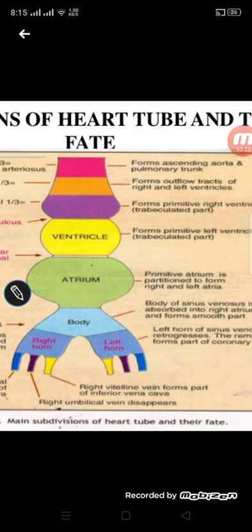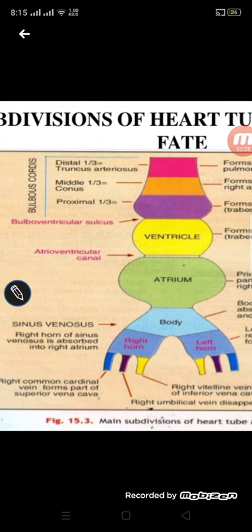Now the atrium and the sinus venosus. What will happen over here? Now you will see here that the ventricle and the atrium are also separated by a groove called the atrioventricular groove, and this atrioventricular groove will appear as the coronary sulcus, which will be separating the atria from the ventricles.